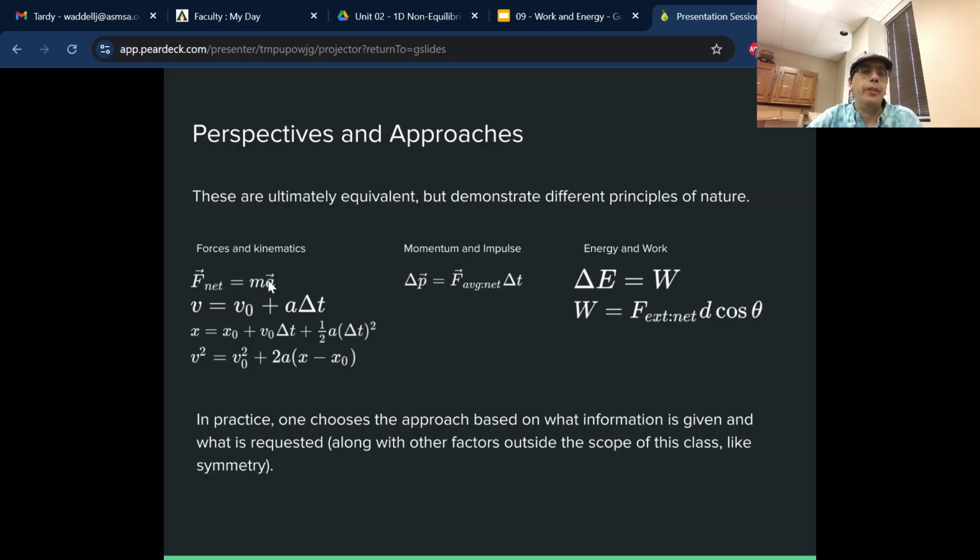But we now know, and you probably knew before, but now we've officially studied the fact that that acceleration is caused by forces. And so we've seen how the net force leads to an acceleration, and we've seen how acceleration, in one dimension, but still, can be used to calculate the changes in our position and velocity and whatever.